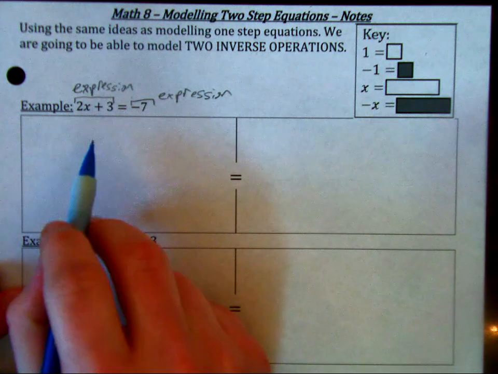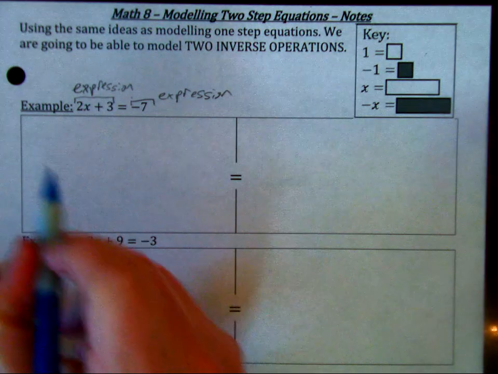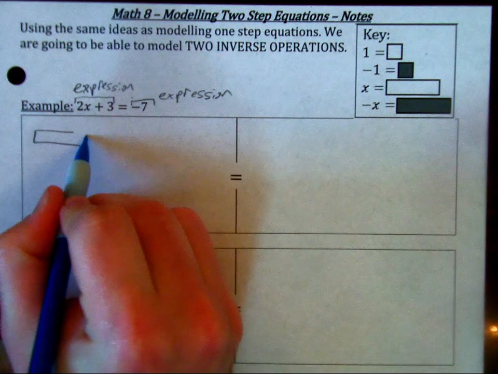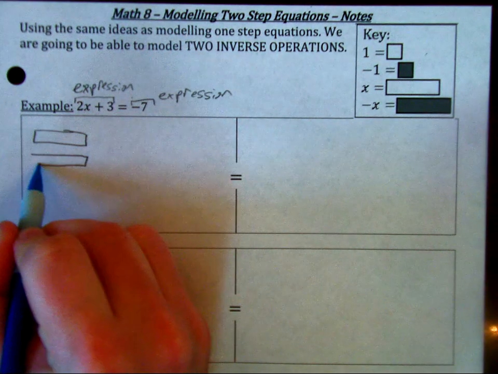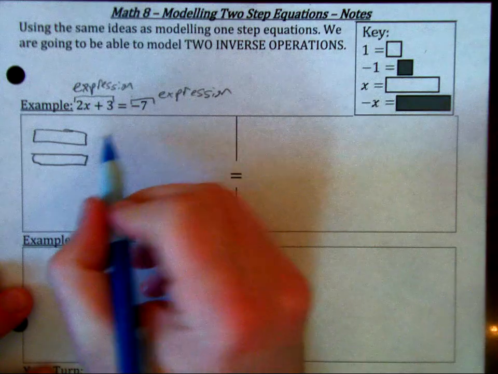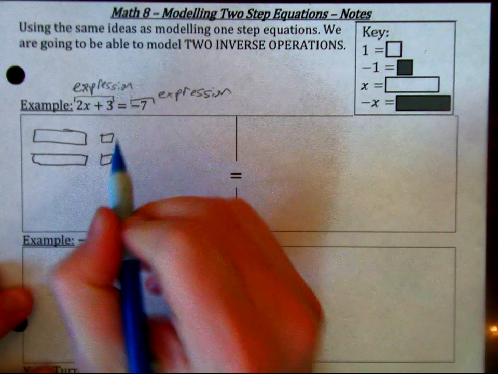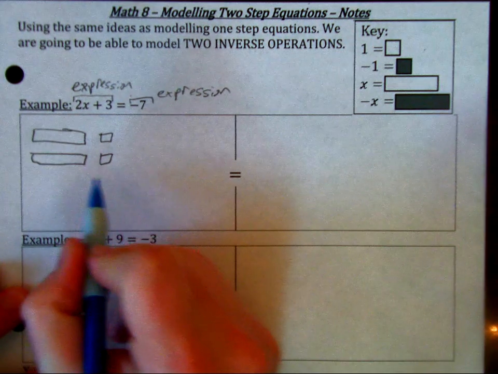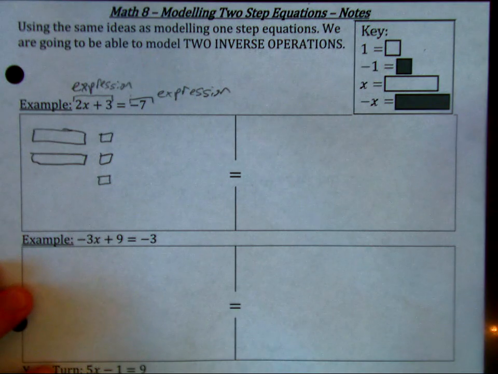So on the left side of the equation, I have two positive x's, and then I have three positive ones. So I have 1, 2, 3. All on the left side. Again, it doesn't have to be perfectly drawn, but make sure you do give yourself enough space.